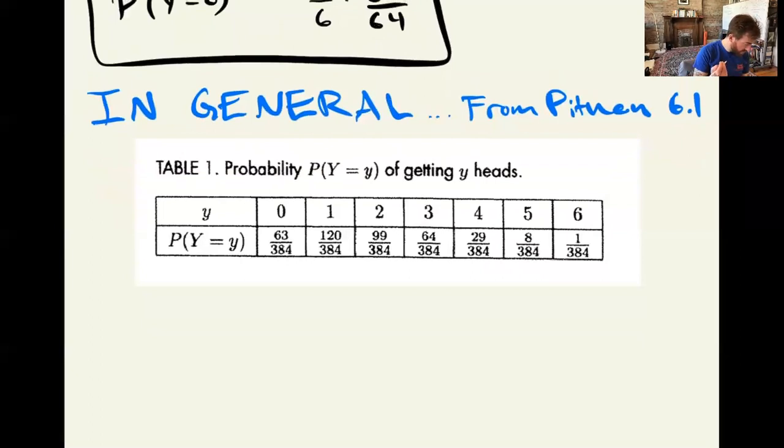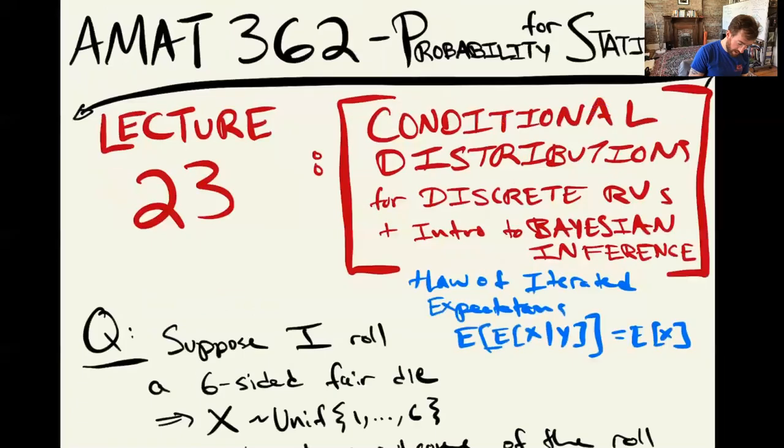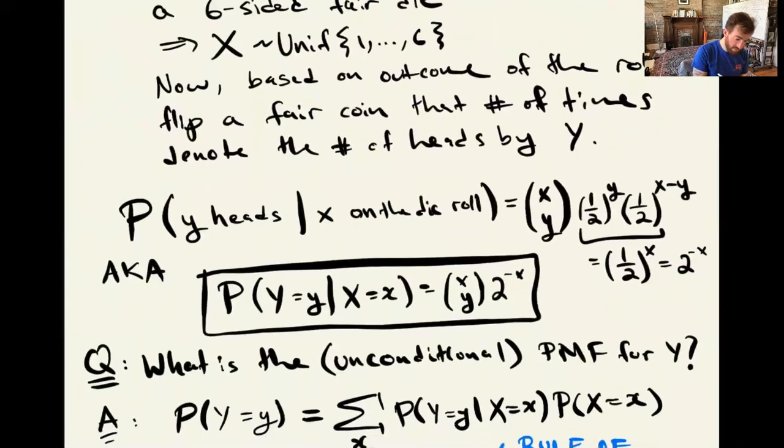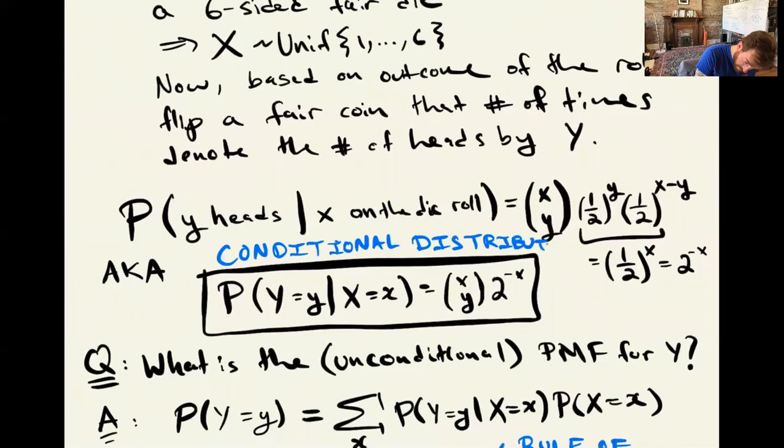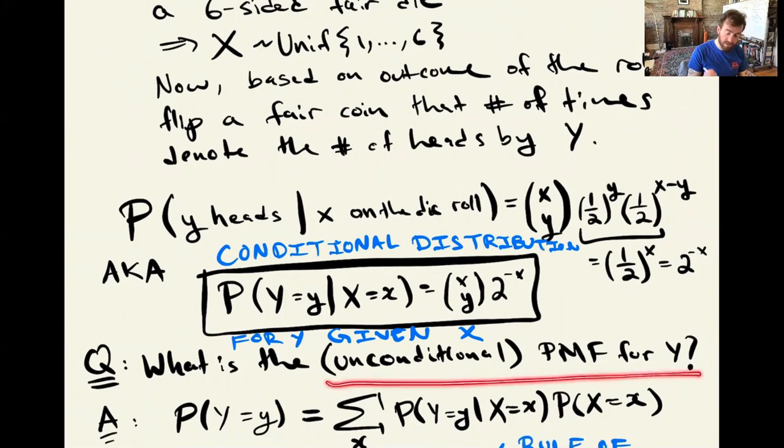Just to give you some terminology, what we've been looking at back here is the conditional distribution for y given X. And the process that we just applied to compute the unconditional probability distribution for y was essentially an expression of what I'll call marginalization, or what we called marginalization, when we knew what the joint PMF was.